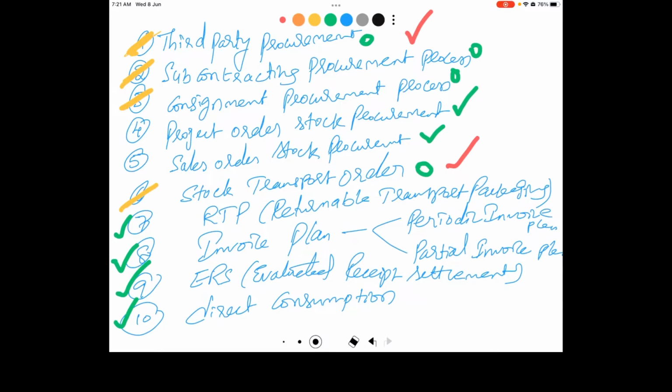You know third party procurement, subcontracting? You know, okay. Then consignment. Did you know the consignment process? Okay, let's see them one by one.